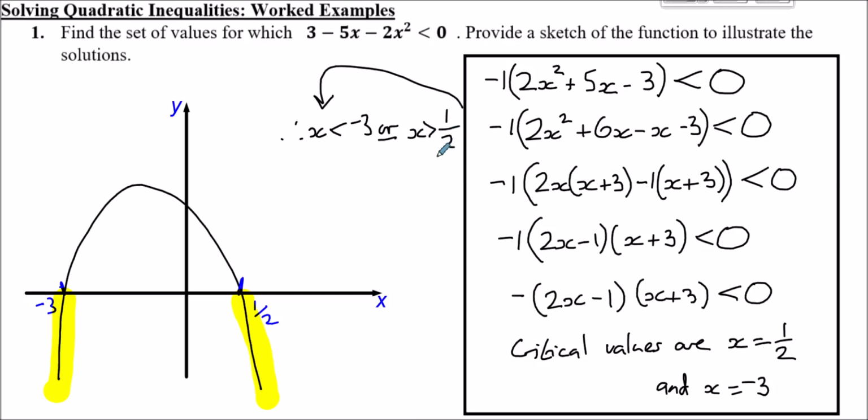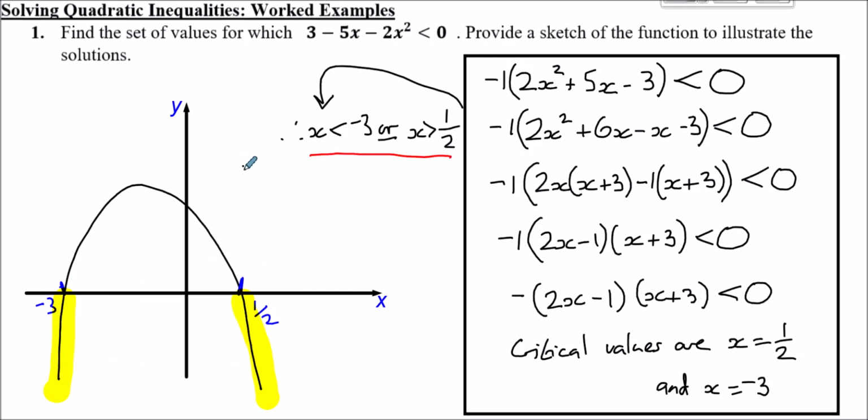This question doesn't ask us to put it in set notation, but I'm just going to remind you of how you could do this using set notation. So in set notation, we have two non-overlapping regions which are both valid.